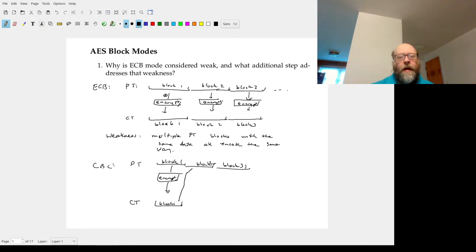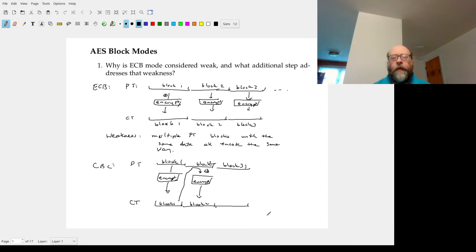And then we take that block and this block too and XOR them together and then encrypt to get the second block of ciphertext. And that way, if these two blocks are the same, these two ciphertext blocks will be different because this was just the encoding of the original block, and this was the encoding of block 2 XOR with the ciphertext of block 1.